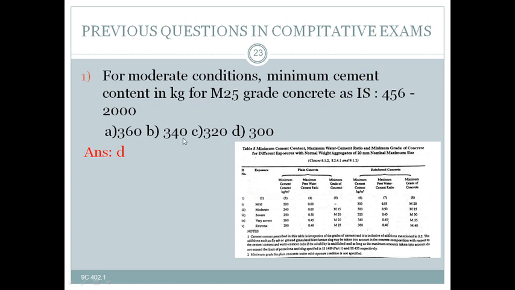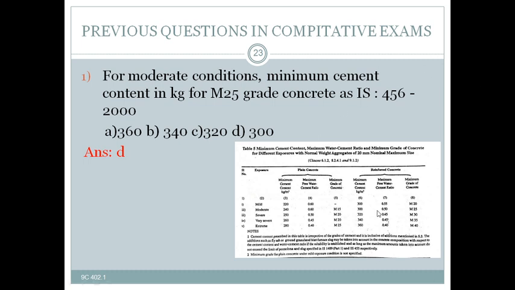According to Table number 5 of IS 456 2000, the given grade of concrete is M25 and the condition of exposure is moderate. By considering these two parameters, what is the minimum amount of cement required to design M25 grade concrete?